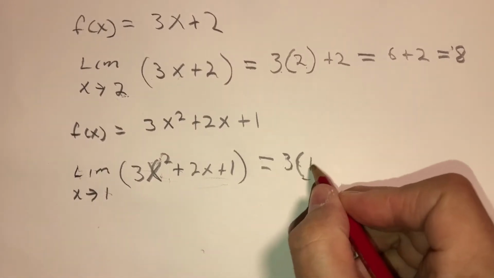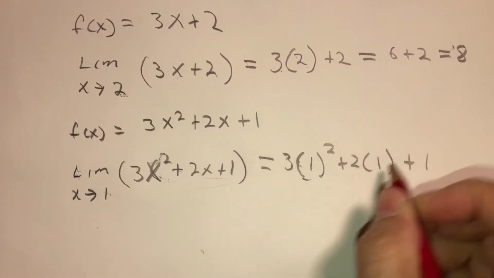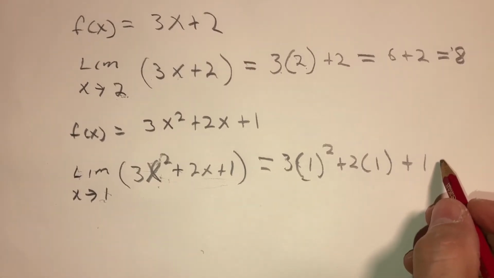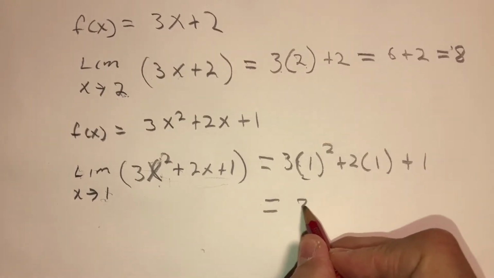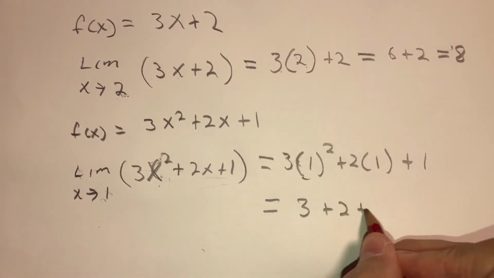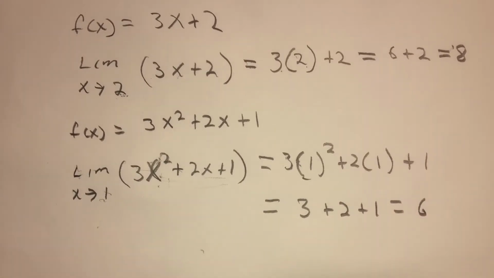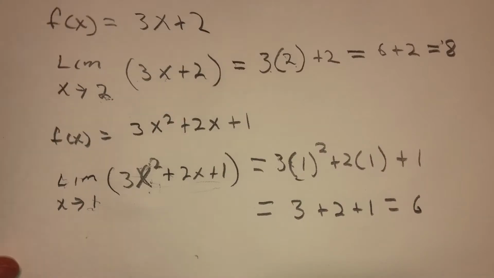Three times 1 squared plus 2 times 1 plus 1. So I'm just plugging this 1 in there, and this turns into 3 plus 2 plus 1, and that's going to be 6. So polynomials are pretty straightforward when you're calculating the limits. It's no big deal.